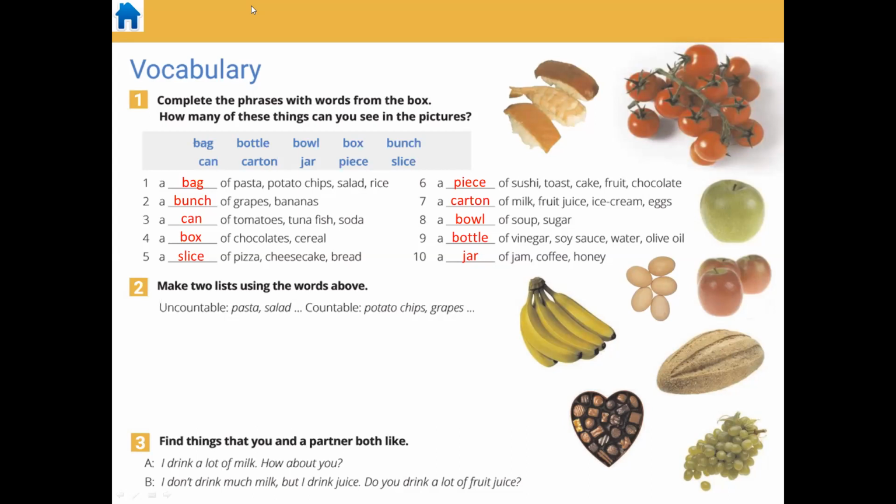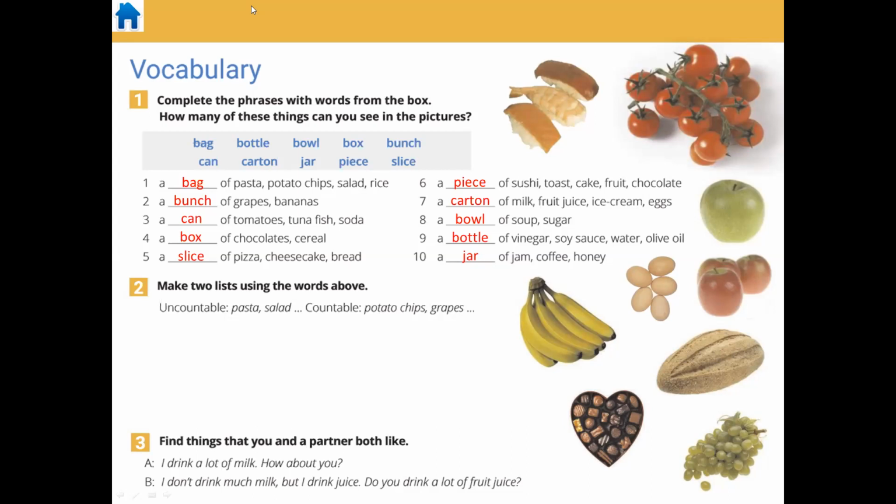Now, for all food and drink, we can divide into 2 categories of count and non-count. Count just means we could say 1, 2, 3. So grapes we can count, right? We can say 1 grape, 2 grapes, 3 grapes, 4 grapes. Bananas we can count. Tomatoes we can count. The other food and drink is non-count, so we cannot count.